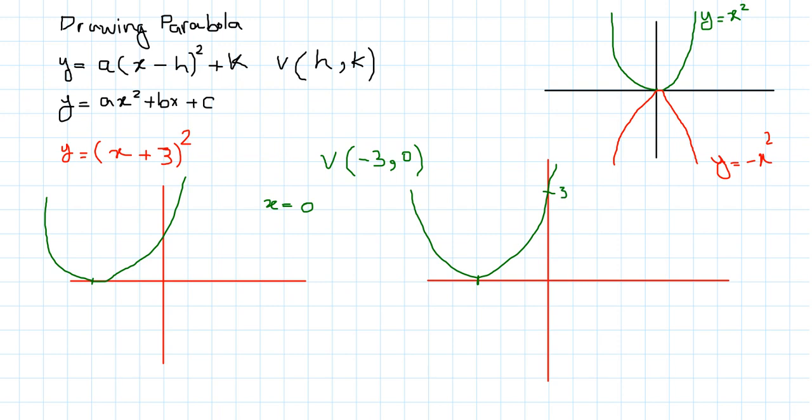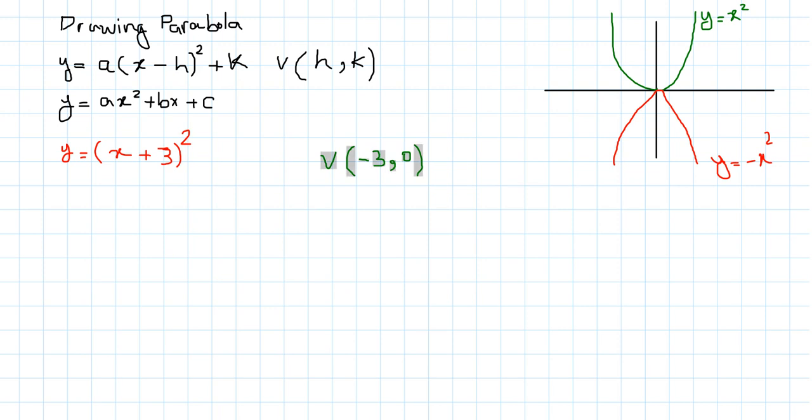Excuse me, in the previous example, when x equals 0, y was 0 plus 3 squared.